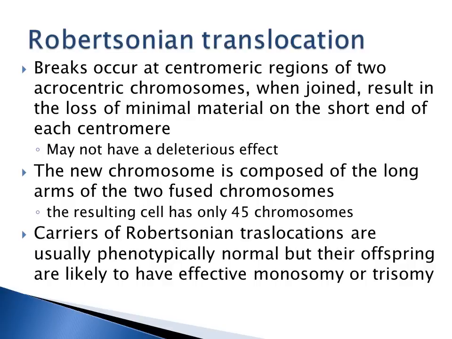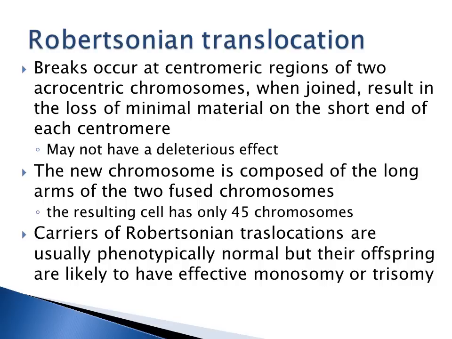A Robertsonian translocation occurs when you have a break at the centromeric regions of two acrocentric chromosomes. When these join, you get a loss of minimal material on the short end of each centromere. So the loss is so small that you might not have a deleterious effect.